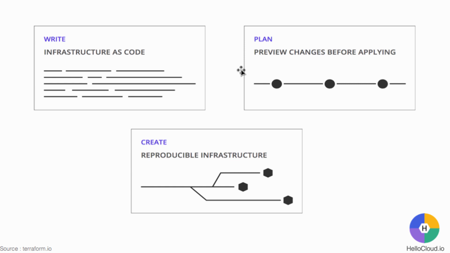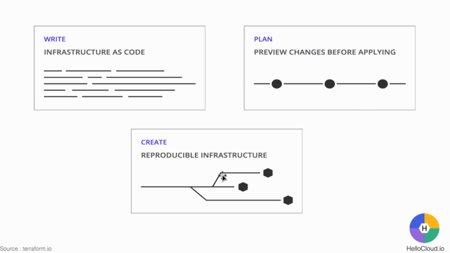Terraform has these 3 simple steps approaches. The first step is write, meaning writing the code using a language called HashiCorp Configuration Language, HCL. Super simple and easy to read, and save it in a file extension called .tf. And the next step is plan, which is a very important step because you're going to review how the changes will affect the infrastructure. Planning will help to reduce mistakes and errors before execution.